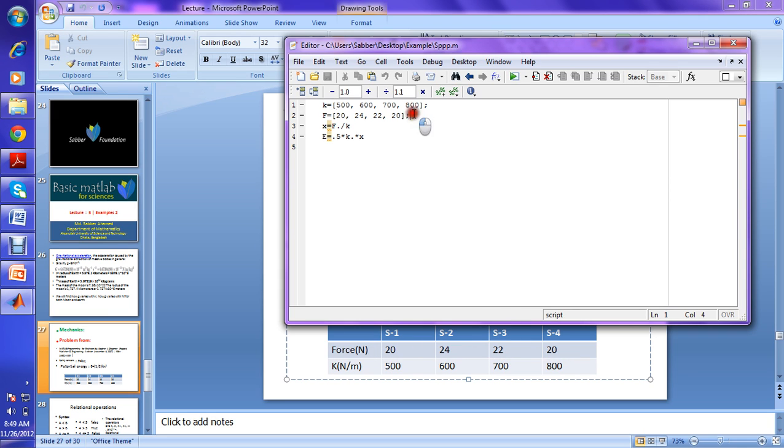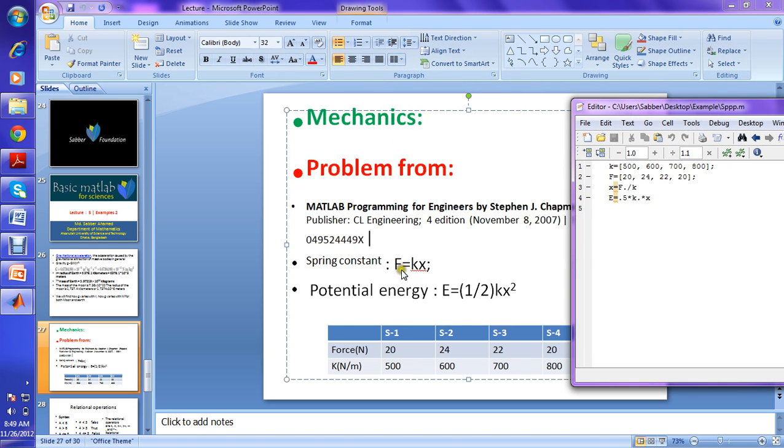Now the displacement x: since F equals kx, x equals F divided by k. And the potential energy is half k x square, half into k into x square.